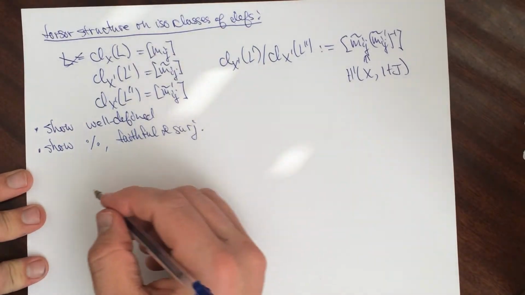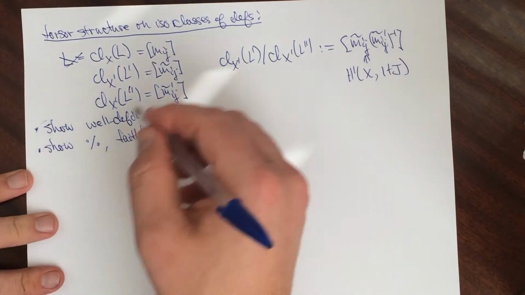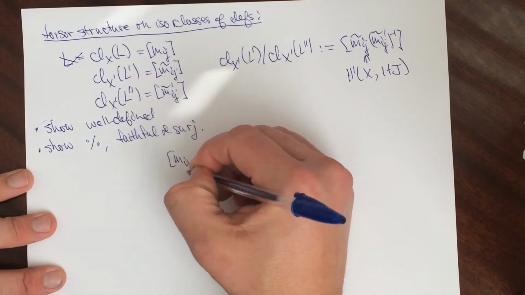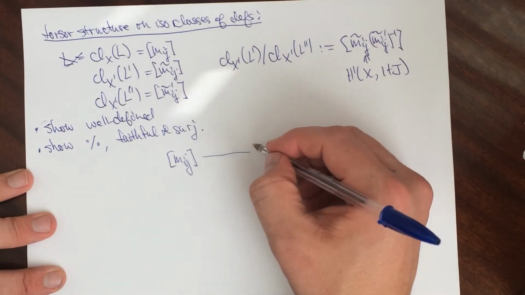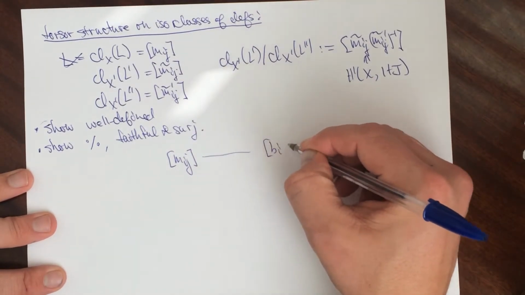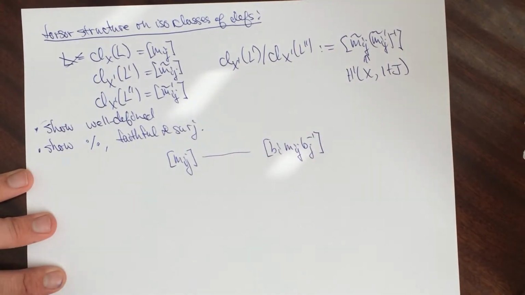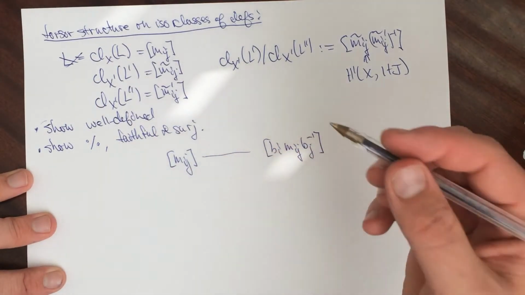Okay, so here we had this choice of Mij, and we could have well chosen another thing, right? We could have modified this by a coboundary. And so here we had choices of lifts.